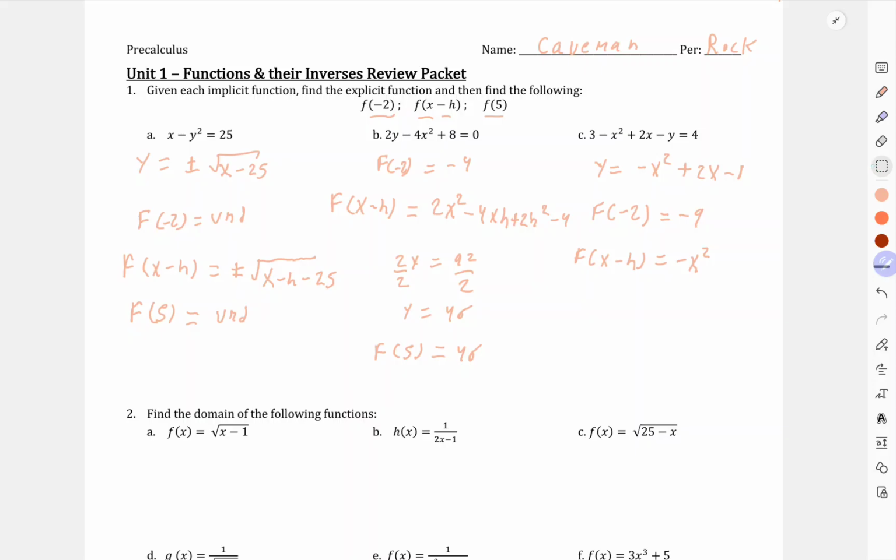Oh, this is a long boy. We have to put this a little backwards. I'm gonna put a divider here because this is a bit long. Negative h squared plus 2hx plus 2x minus 2h minus 1. Now that is f of x minus h, and f of 5 is equal to negative 19.